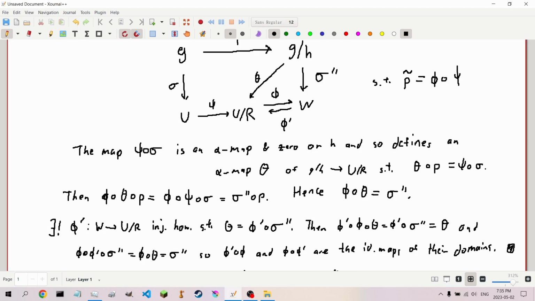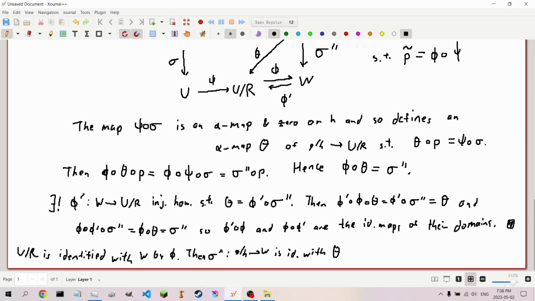Or you know what I'm getting at. And so sigma double prime is identified with theta, that is the mapping of G over H into U over R, which is ultimately derived from sigma.